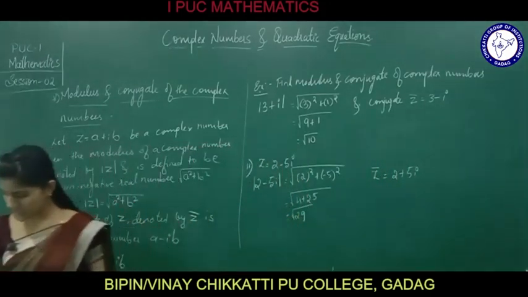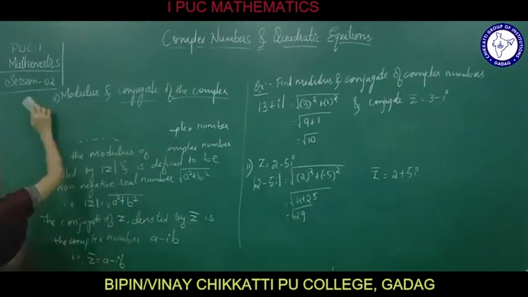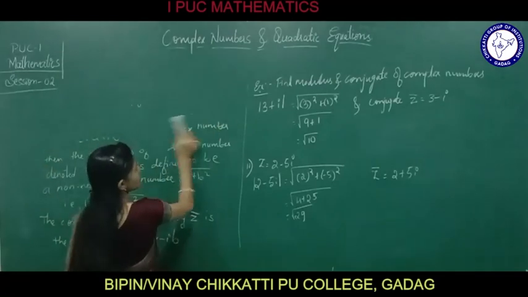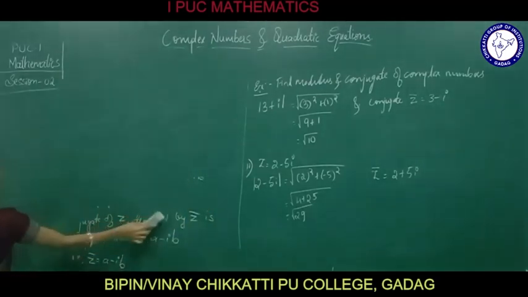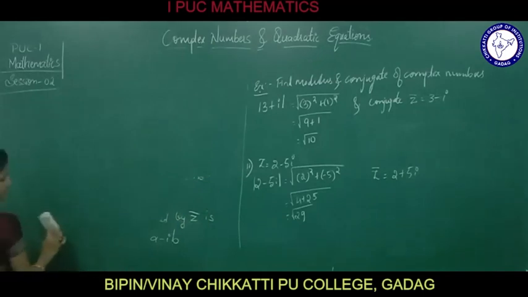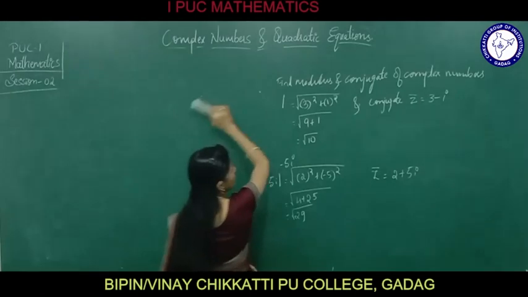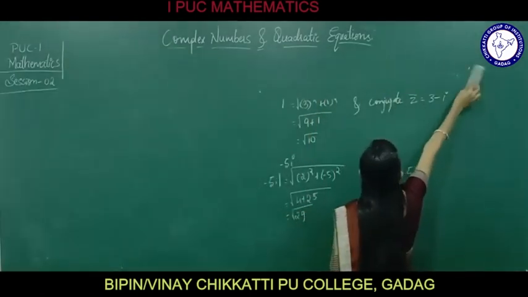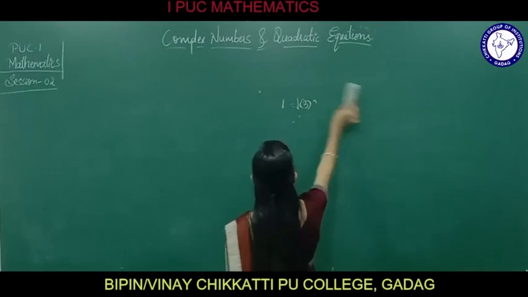What about the multiplicative inverse of non-zero complex numbers? Already we have studied this, the multiplication of two complex numbers and its satisfying the various laws. In that we have already studied about the multiplicative inverse. How are you going to write it?